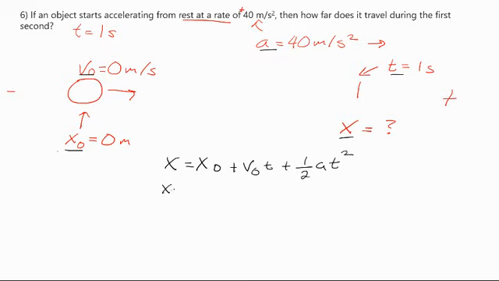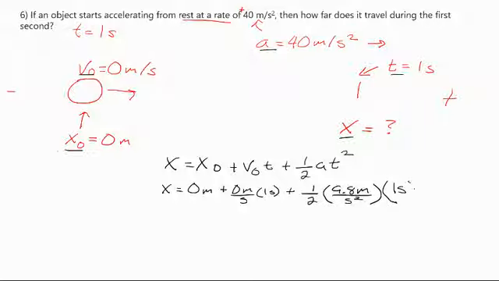So I've got x equals 0 meters plus the initial velocity, 0 meters per second, times 1 second, it doesn't matter, plus 1/2 times 9.8 meters per second squared times the time, which is 1 second squared. So what's 1 squared?